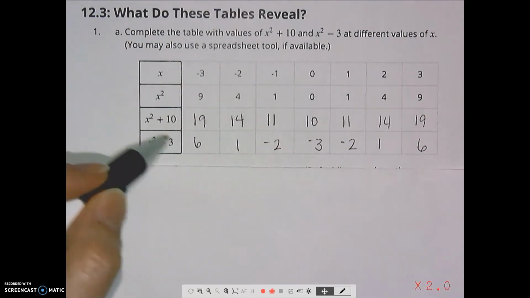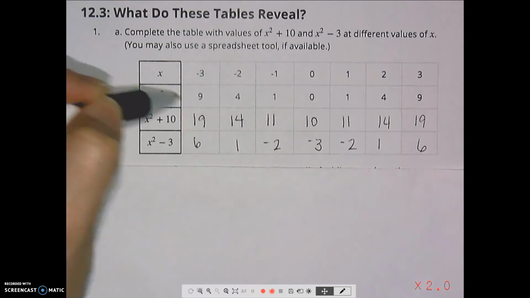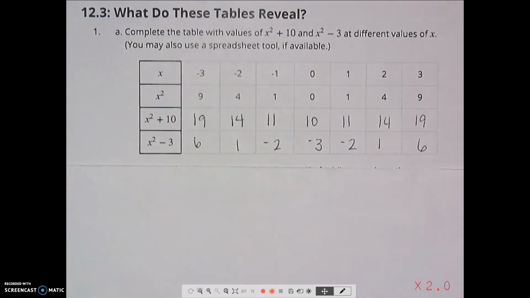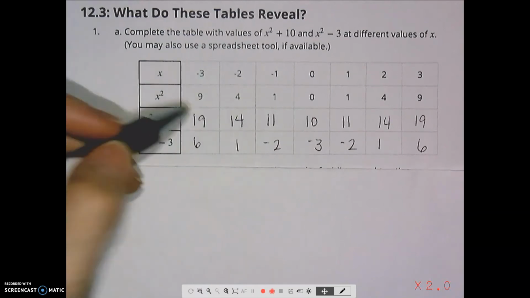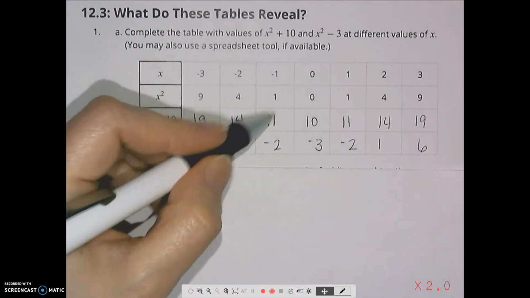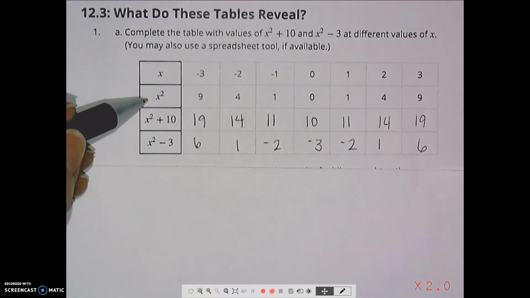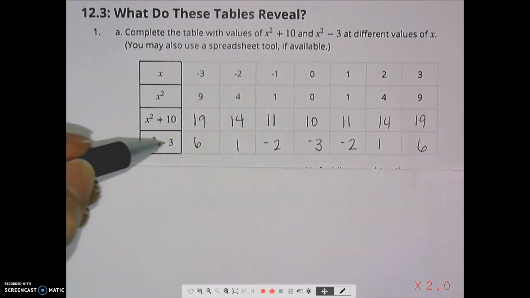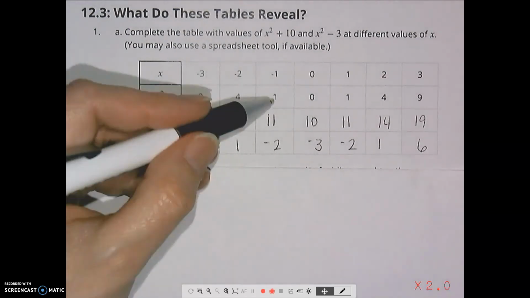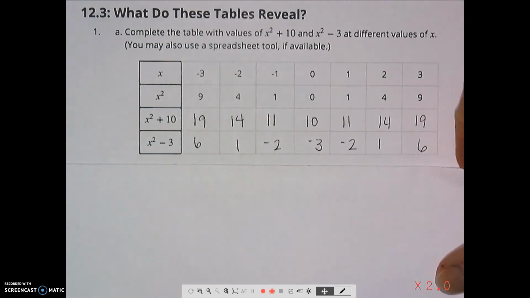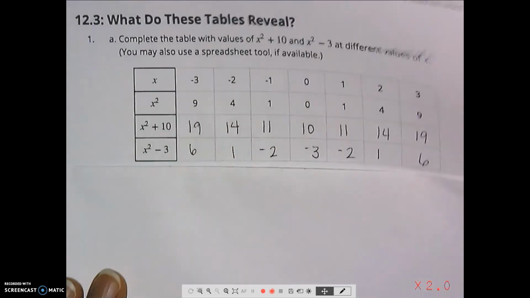And x squared minus 3 means we take our x squared answers and subtract 3 from them. So that shows you in tabular form that adding a number is literally adding that number onto all of your answers from the original parent function of x squared. And when you're subtracting a number, you're just subtracting that from the x squared as well. Okay, so that's what happens in that table.